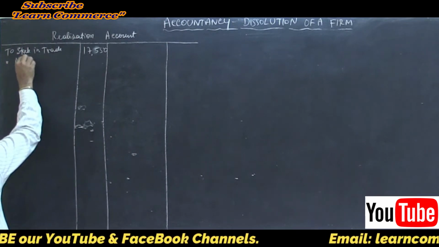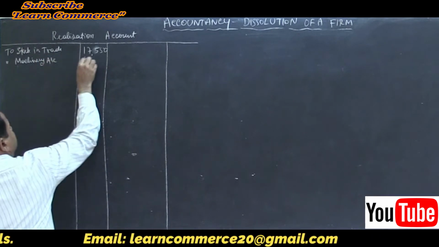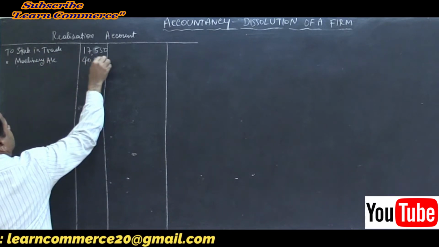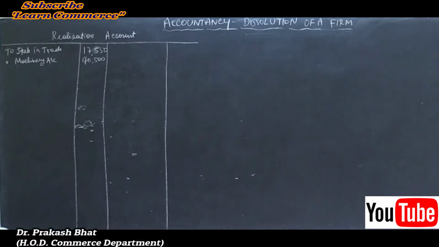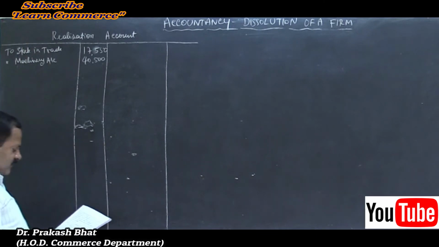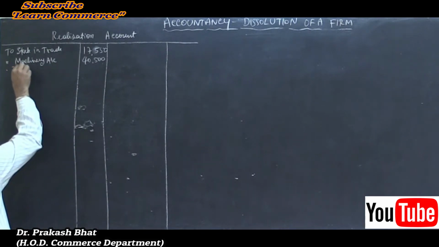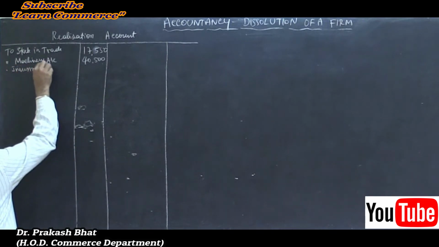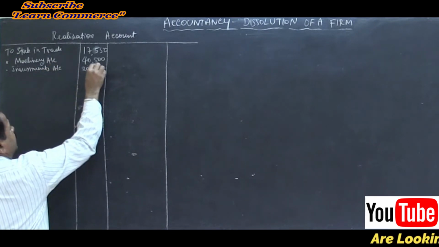Machinery account 40,500. Then investments account 20,880. Investments account 20,880.